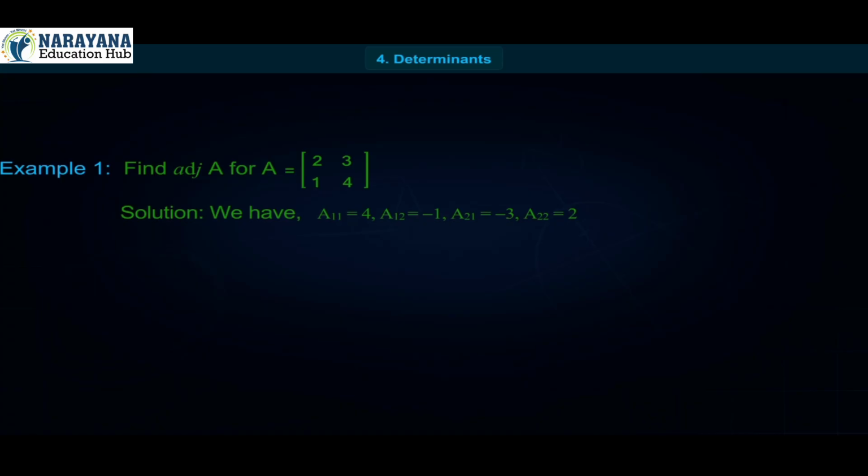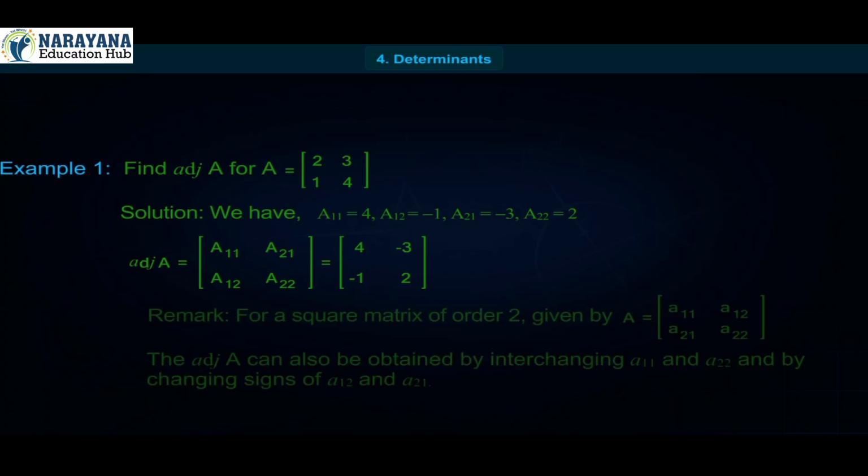We have a11 = 4, a12 = -1, a21 = -3, a22 = 2. Adjoint A is equal to the matrix [a11, a21; a12, a22], which is the matrix [4, -3; -1, 2].